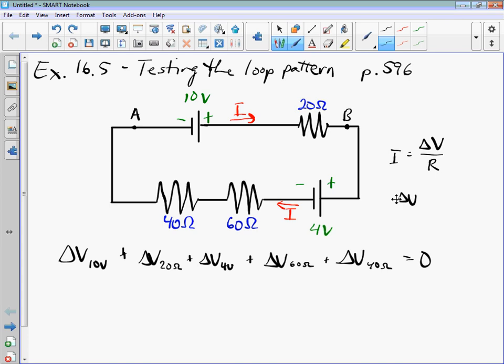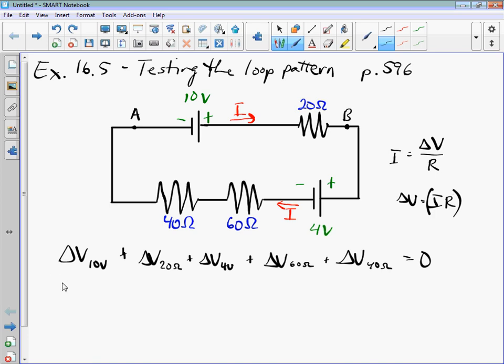Change in voltage equals current times resistance. So for each of the resistors, this is what we're putting in. And if we're talking about the change in voltage of a resistor going downstream of the current, it's going to be negative IR.